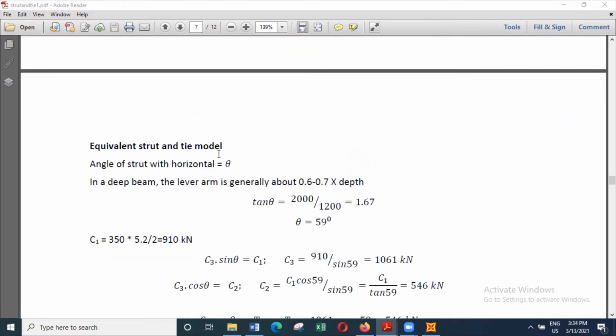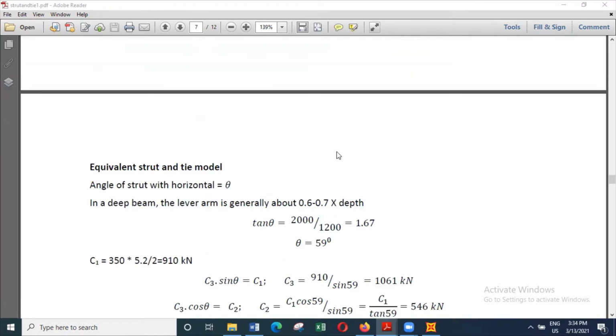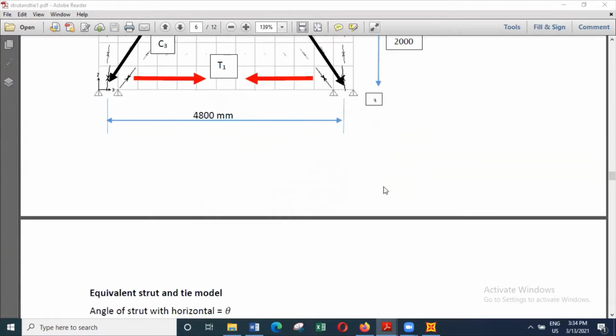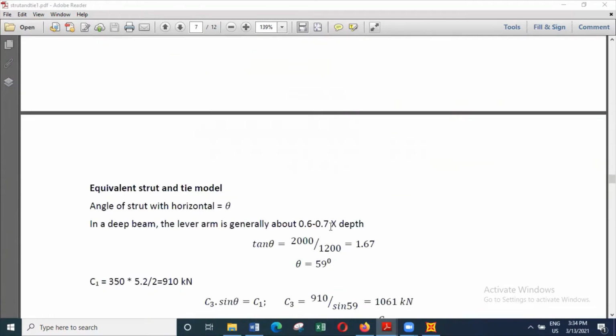For a deep beam, the lever arm is generally about 0.6 to 0.7 times the depth. So I have considered this as 2000 millimeters, which is a reasonable value. So tan theta is equal to 2000 divided by 1200, or 1.67, and the angle is 59 degrees.